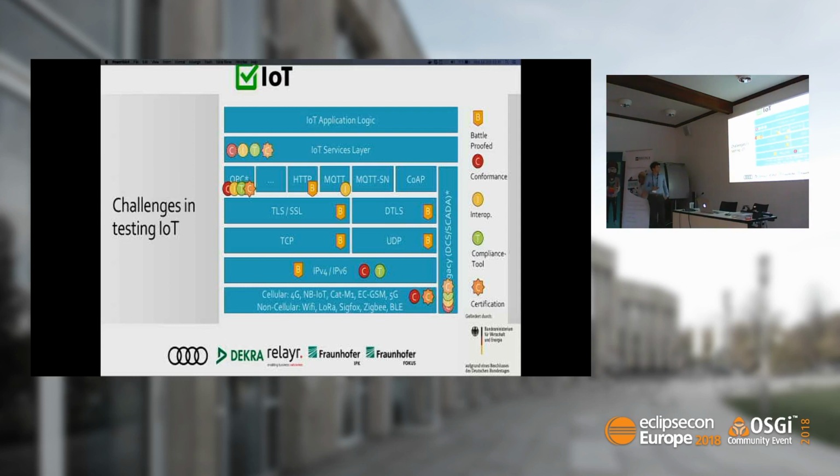Of course, we have something on the network layer and the physical layer, and also for IPv4, 5, and 6. But there was nothing for the typical IoT protocols like MQTT and CoAP. This is not a complete diagram for sure, but we only show MQTT and CoAP here because these are the protocols we tackled first.